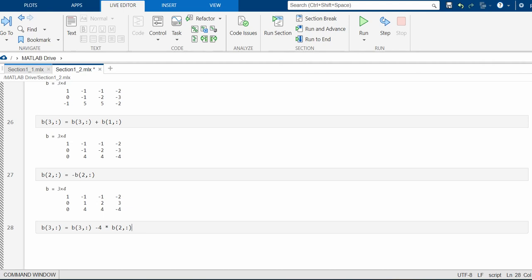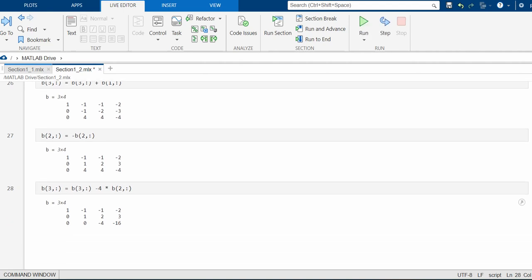So this is what I need to do to get a 0 below the second pivot there. Boom, and voila. The -4 times the 1 plus the 4 gives me the 0 that I need. And then these are just the same operations done to the corresponding entries.